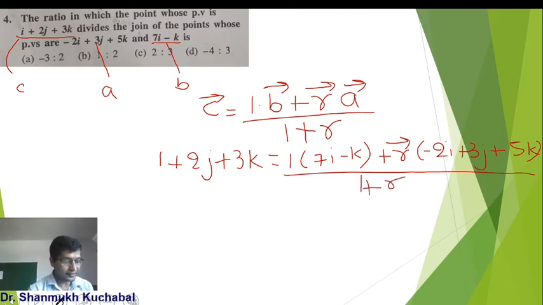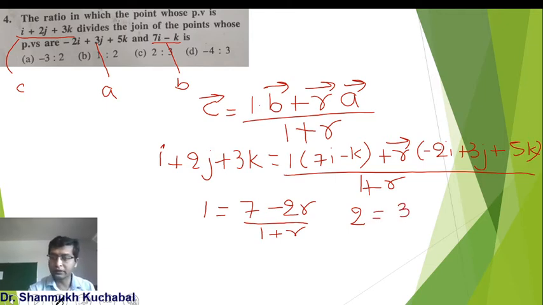If you simplify this, collecting the coefficient of i, we get 1 equal to 7 minus 2r divided by 1 plus r, and 2 equal to 3r divided by 1 plus r. If we simplify, we get the solution for r is 2.